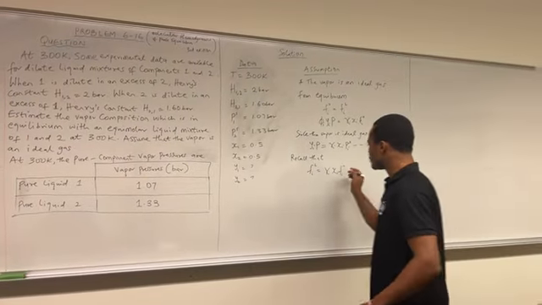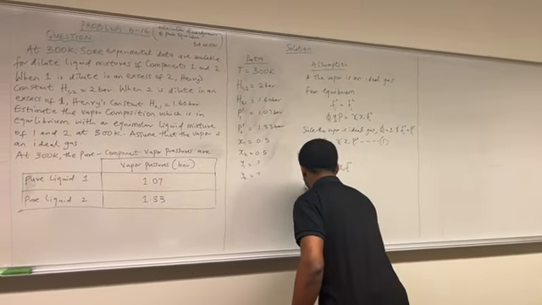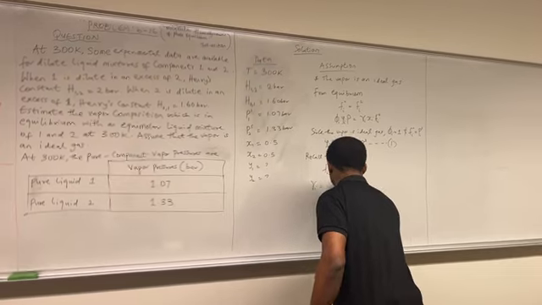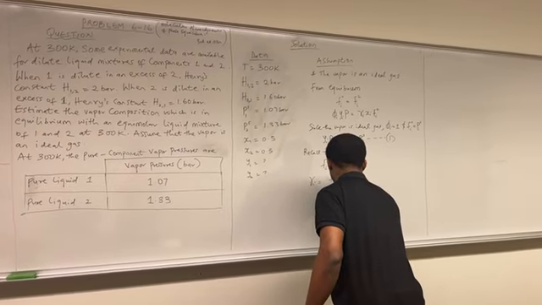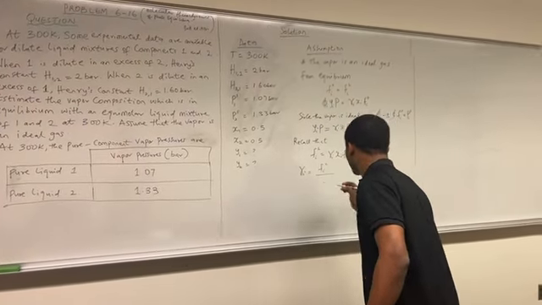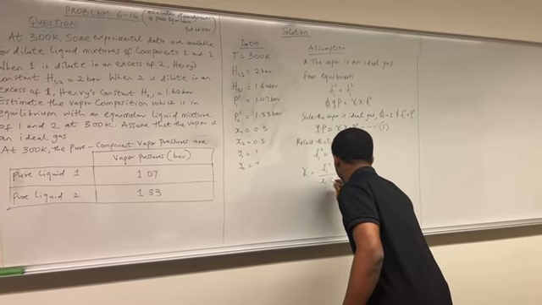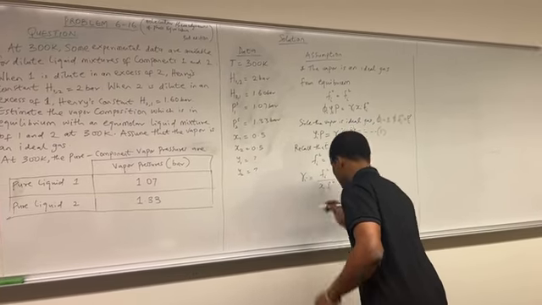From here we make the activity coefficient the subject, which is gamma_i equal to f_i^L all over x_i f_i naught.